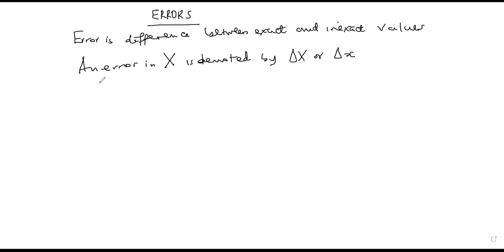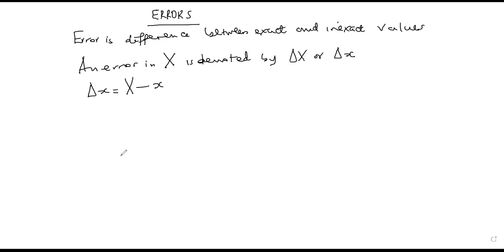And this is always given by delta X is equal to the accurate or the exact value minus the inexact value. So that one will always give us an error. We are going to cover the details as we keep going on.